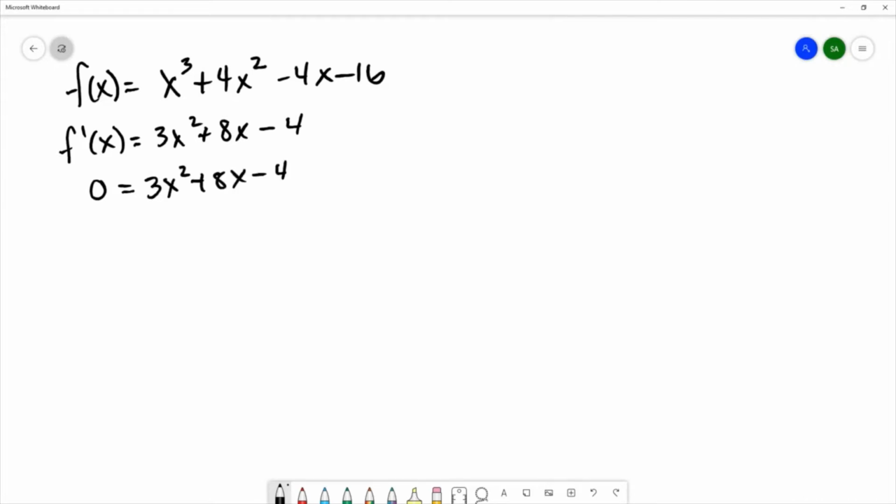And let me see if I can factor this. There would be 3x and x. I could try 2 and 2. That's 2x and 6x could make 8x, with both of them being positive.